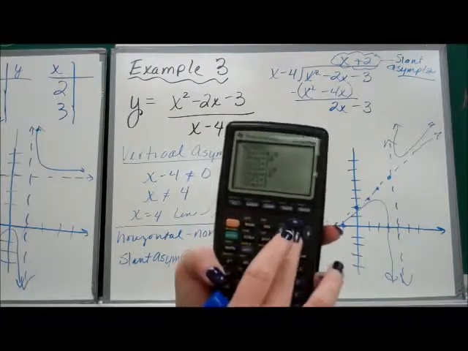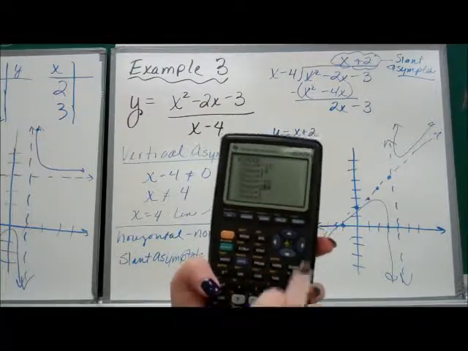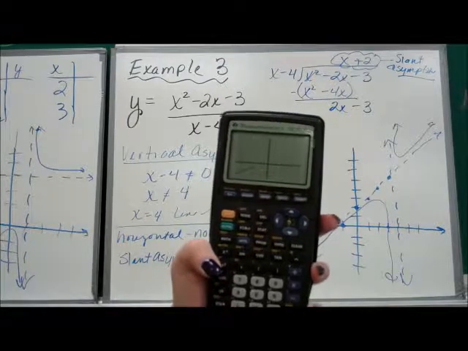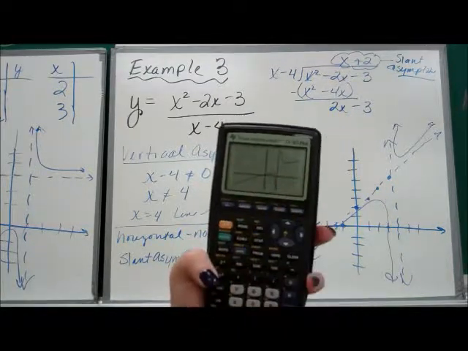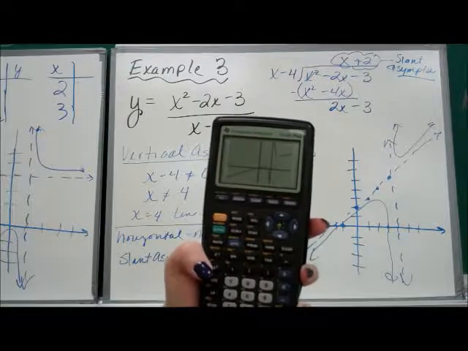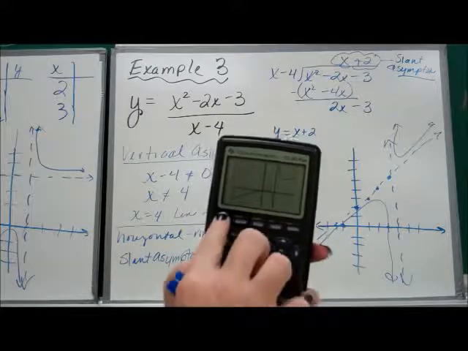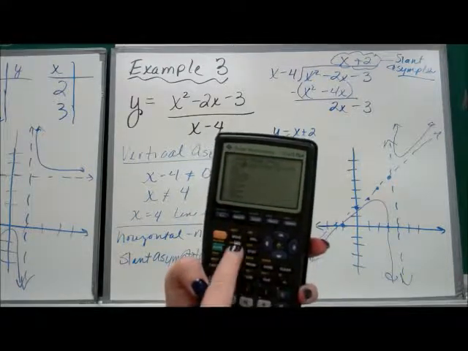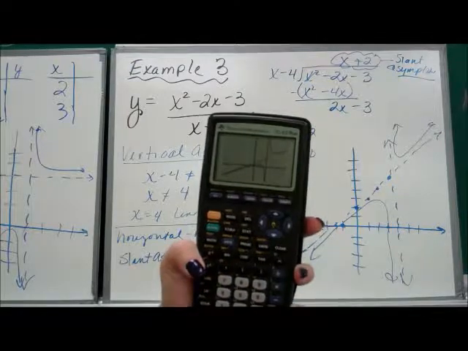I'm just going to change my window. I want to make my x maximum a little higher. Take it up to 20 and see if we find it yet. There it is. And if I graph the line x plus 2, it's going to go right along here. Watch, we can plug that in to our y equals x plus 2. That's the slant asymptote. Look, there it is.